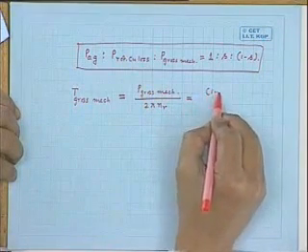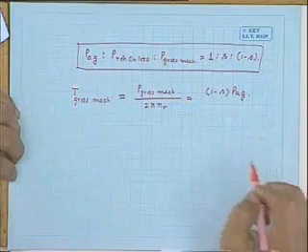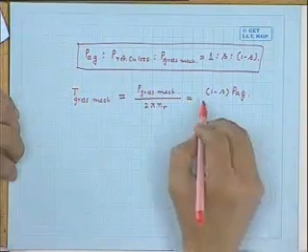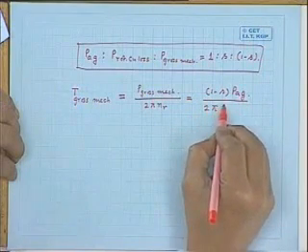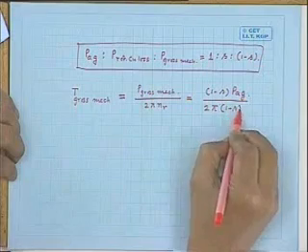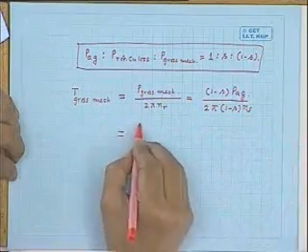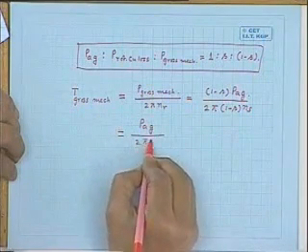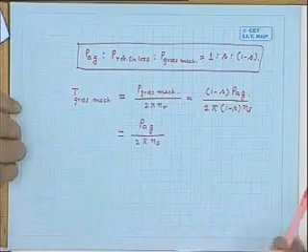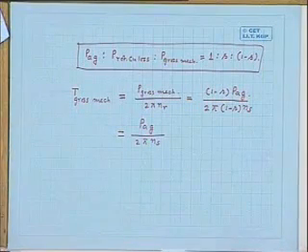NR we have to write, the actual rotor speed, mechanical speed. And P gross mechanical, as we have seen, is nothing but 1 minus S PAG. And also we have seen that for NR I can write 1 minus S into NS. And this becomes equal to P air gap power by 2 pi NS.